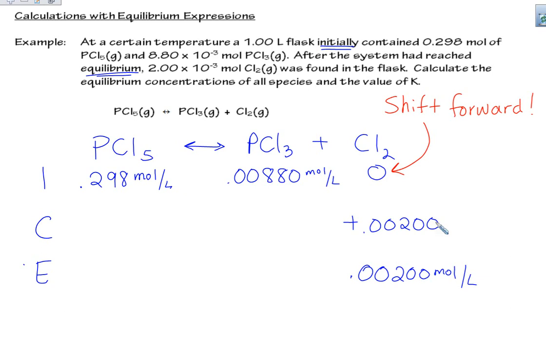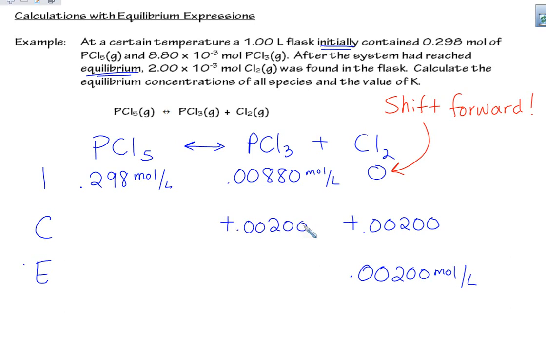Now we're going to change by the ratio in the balanced equation, which is kind of handy because this is all one-to-ones. If we're shifting forward and we're producing this much chlorine, because it's a one-to-one ratio, we're also going to produce 0.00200 moles of the phosphorus trichloride.